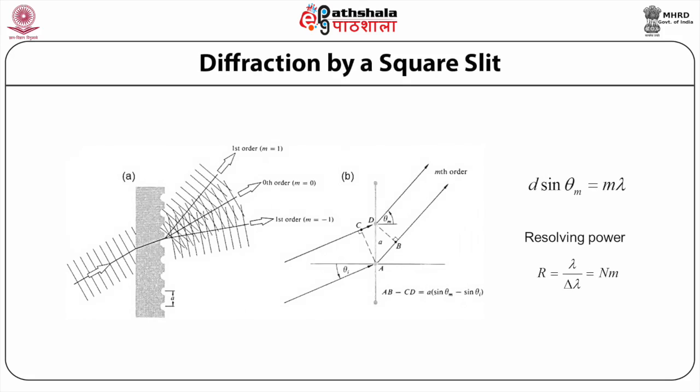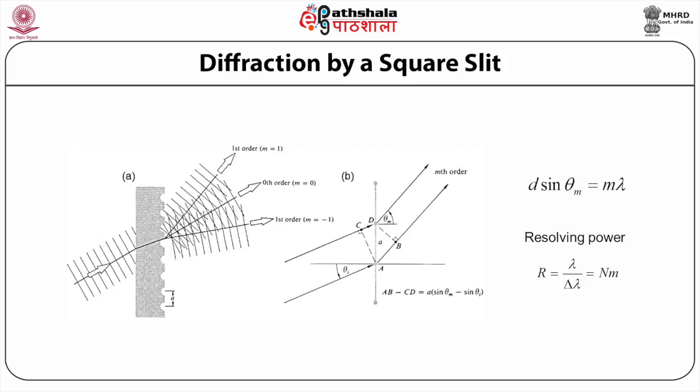This property of diffraction of light from slits is very well used in devices, and one of these is called a diffraction grating, which is nothing but a combination of a large number of such slits.